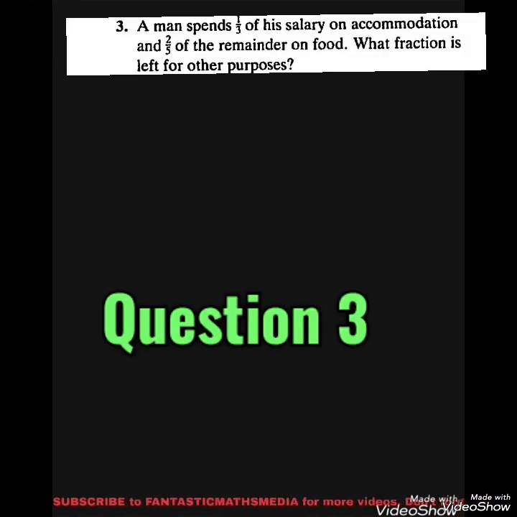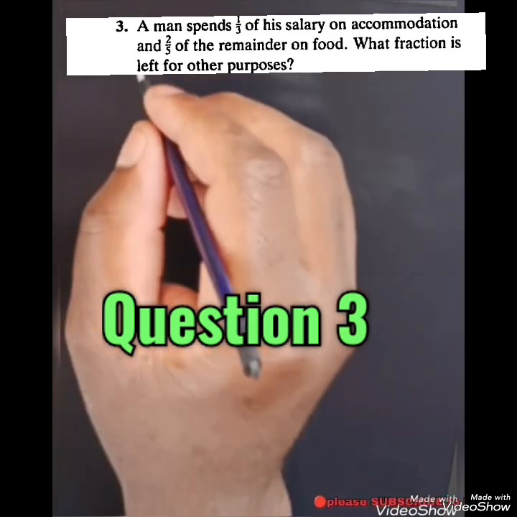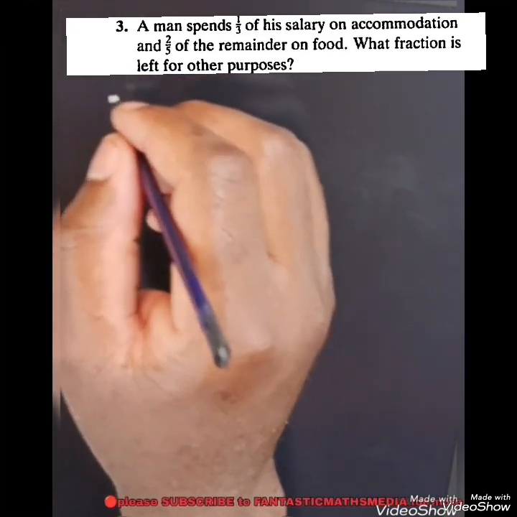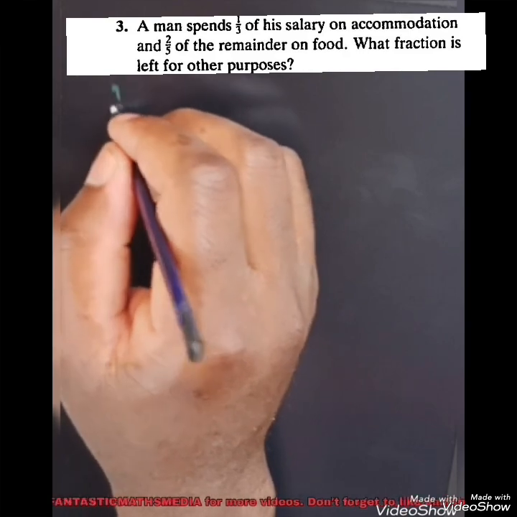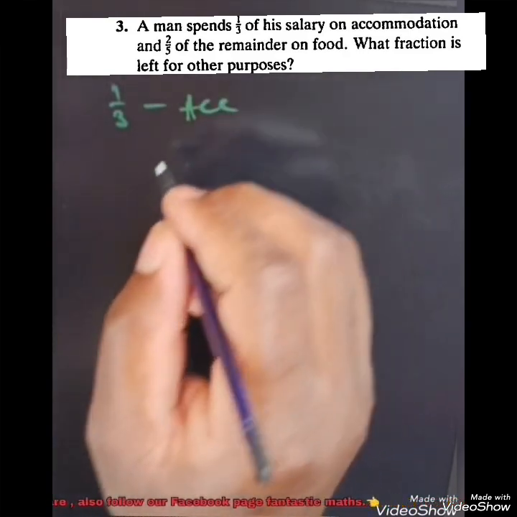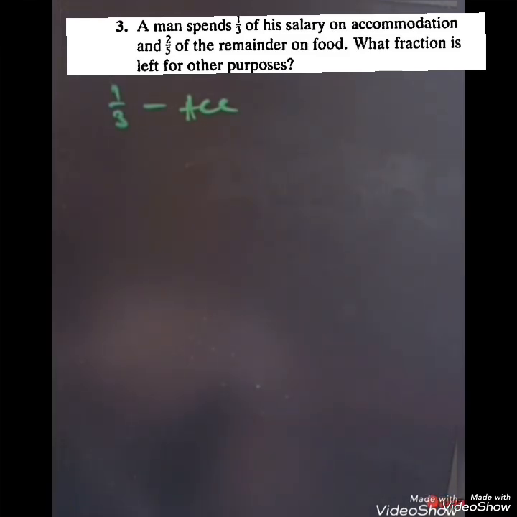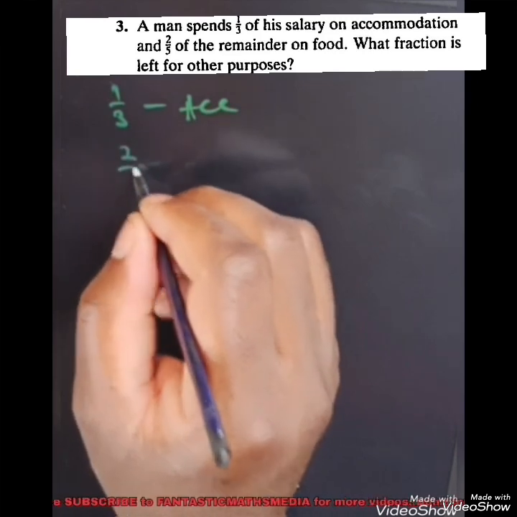Let's move on to question number 3. A man spent 1 over 3 of his money on accommodation and 2 over 5 of the remainder on food. What fraction is left for other purposes? 1 over 3 on accommodation, then 2 over 5 of the remainder.